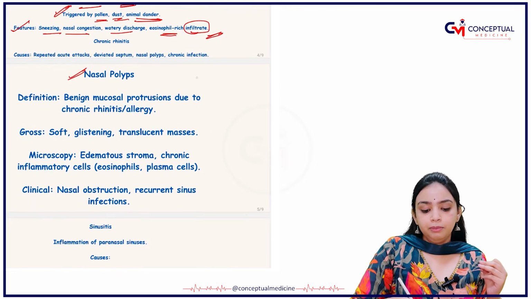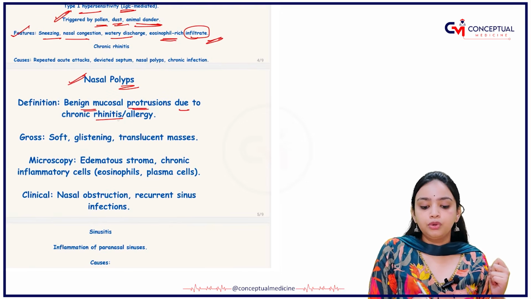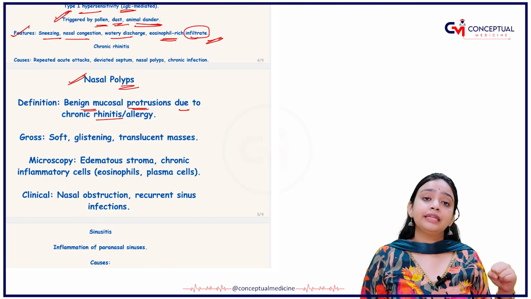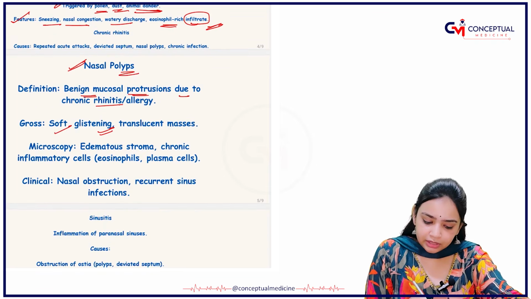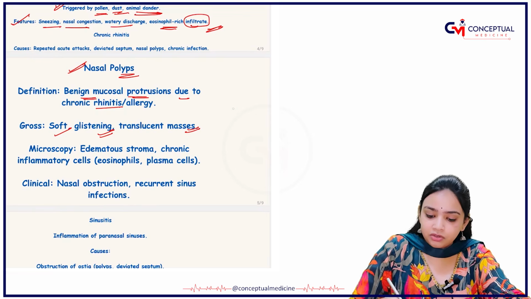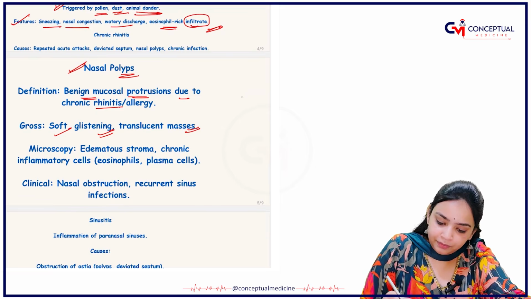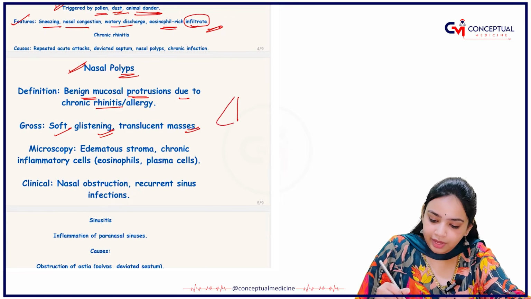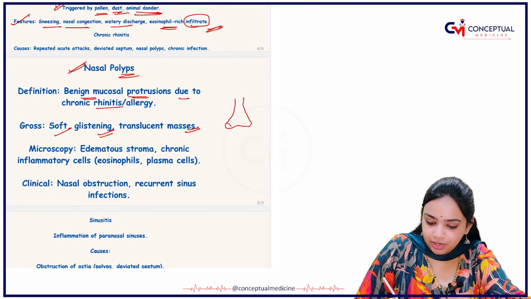Next you have the nasal polyp. They are benign mucosal protrusions due to chronic rhinitis. If the patient is suffering from chronic rhinitis, he is more prone to developing polyps. The polyps are mainly soft, glistening, and translucent masses.